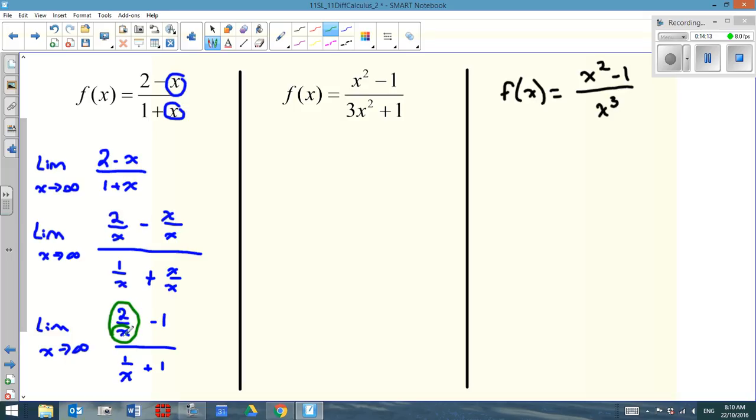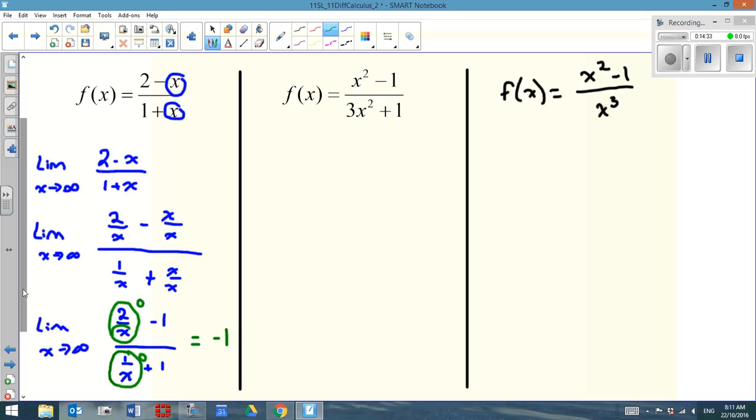So 2 divided by x will go to 0. The same will happen for 1 over x. 1 divided by a very, very increasingly large number will also go to 0. So then we are left with -1 and 1, which means therefore our limit would be -1.